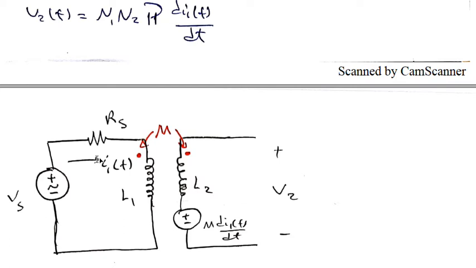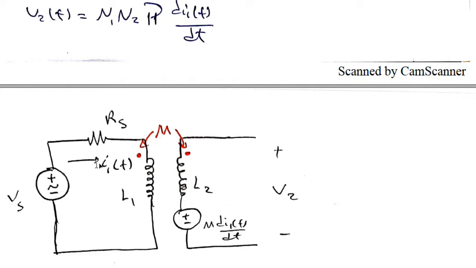Not this one. We don't decide the polarity of this terminal by looking at this current. So this dot helps us to decide the polarity of the opposite terminal.